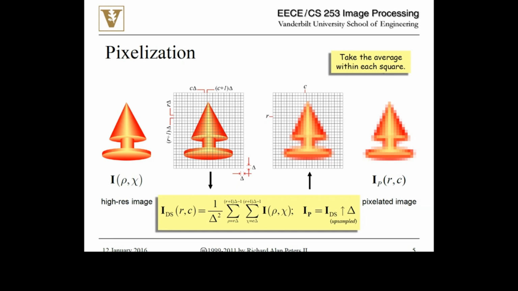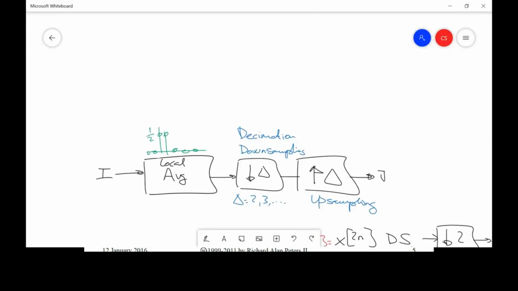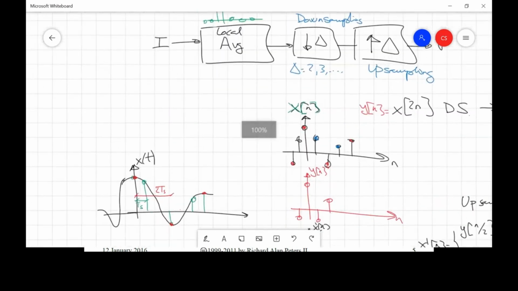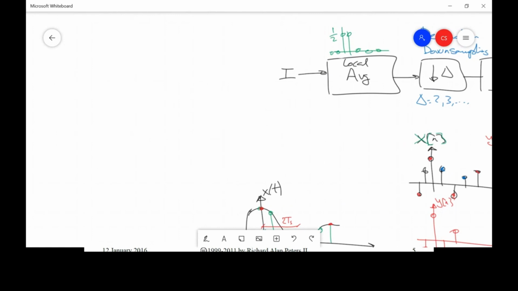So you will start at a point that is R delta. So this will be the RC pixel in the output. So these are pixels. Let's do the downsampling operation again.